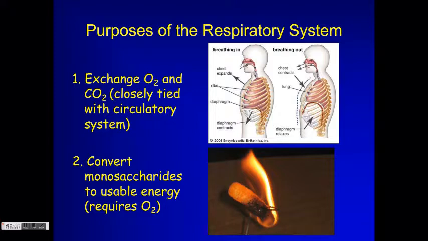We're going to show you a demonstration that involves a Cheeto and burning it, and how there's a lot of energy in that Cheeto, a lot of sugar energy. How are we going to get that energy out? Again, relying on oxygen. So two different purposes of the respiratory system: one, to bring in gases that we need and get rid of gases that we don't need, and another to finally explain to you why oxygen is so important.